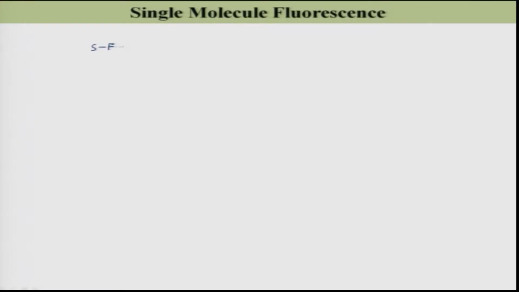F is my fluorophore, and it is getting bonded with this enzyme to form an enzyme substrate complex, denoted like this, ES, and ultimately this is going to give you the product and this enzyme back.